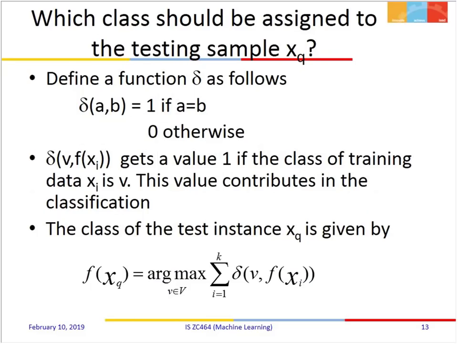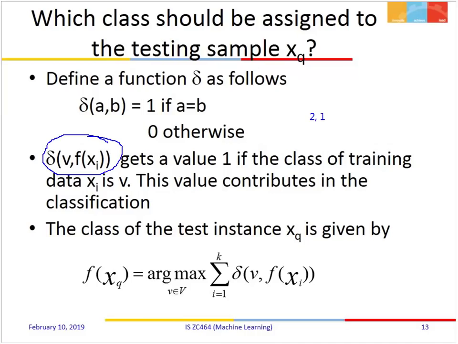If I take 2 and 1 as A and B, then delta of 2, 1 is actually going to be 0. Basically these A and B variables represent the actual and the predicted classes. Let us take it a little differently.